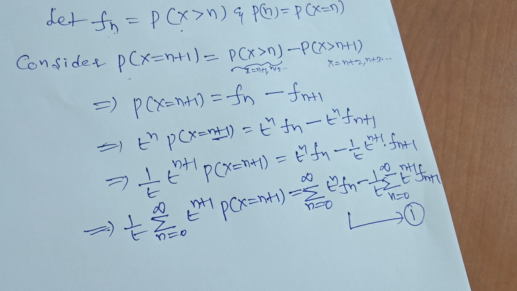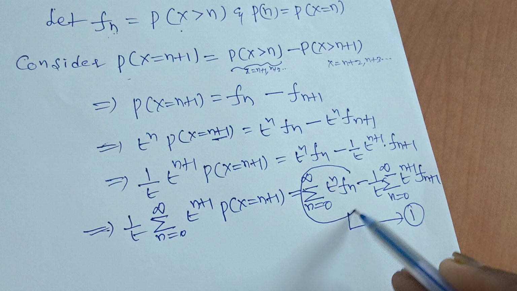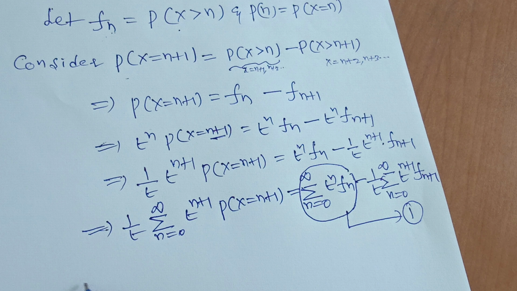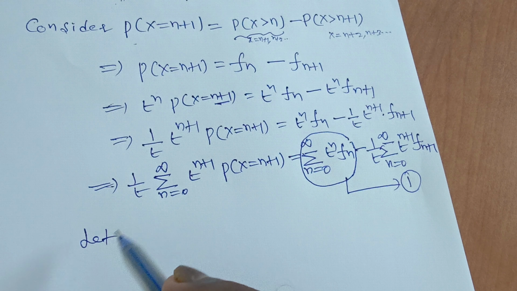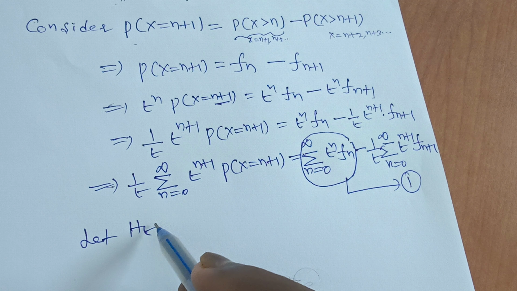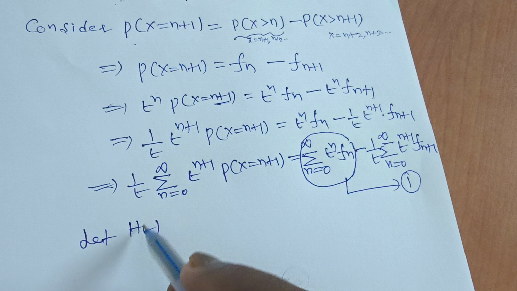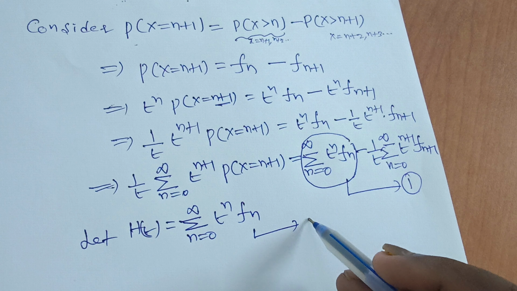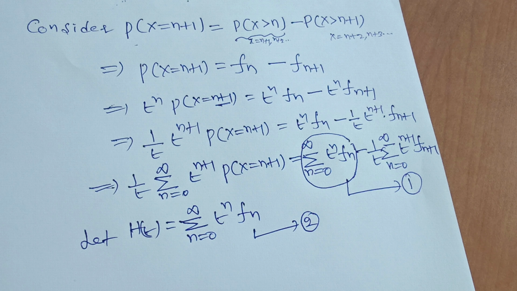Take this as equation number 1. In this, the term can be taken as h of t. Let h of t equals to, consider this as equation number 2.